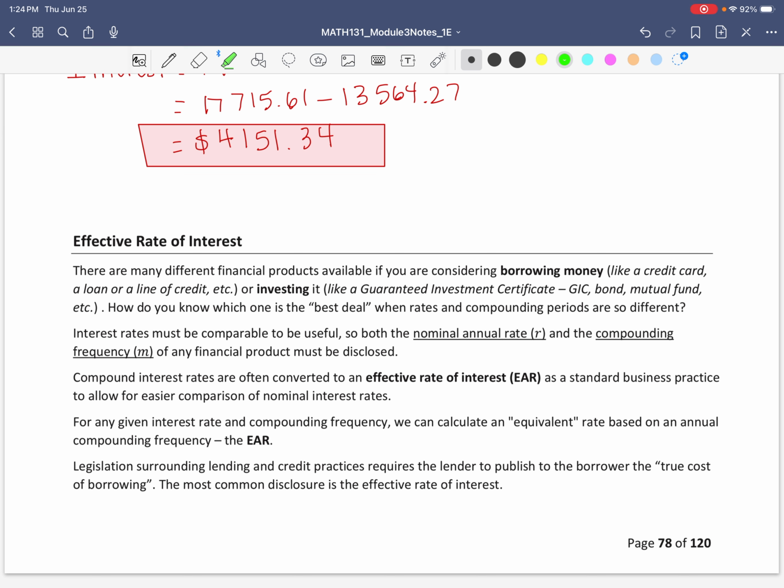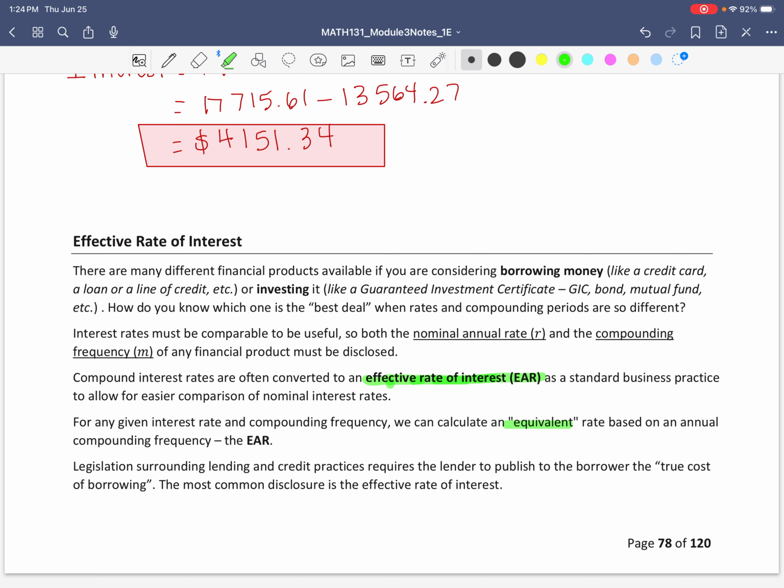Compound interest rates are often converted to this effective rate of interest, which we refer to as EAR, as a standard business practice to allow for easy comparison of nominal interest rates. For any given interest rate and compounding frequency, we can calculate an equivalent rate based on annual compounding, which is the effective rate of interest.